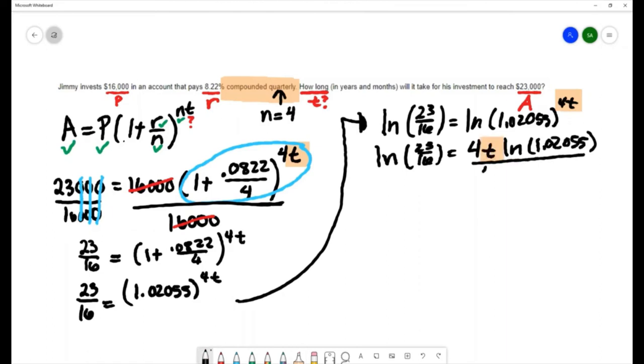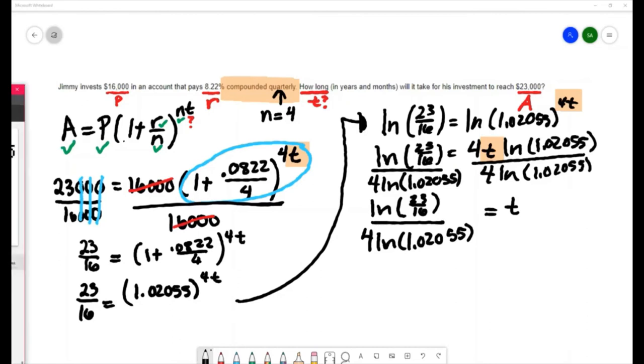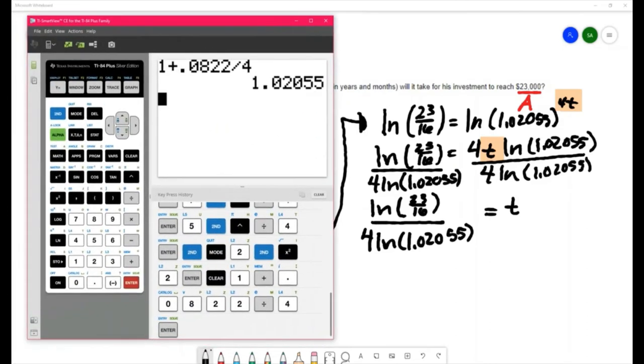So I'm going to divide by 4 natural log of 1.02055. Do the same thing on the other side. So now I have an expression for t: natural log of 23 over 16, over 4 natural log of 1.02055. Let's bring back the calculator so we can get a decimal approximation for that.